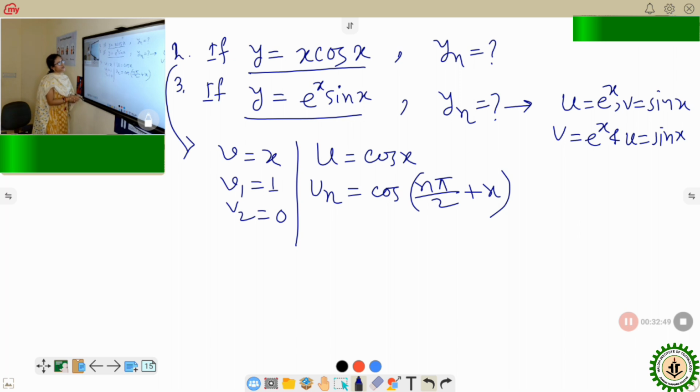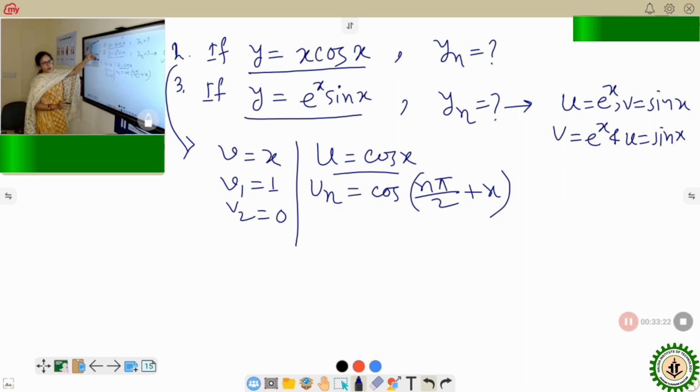If I choose u as cos x and v as x, our calculation will be easier. But if we choose u as x and v as cos x, we have to write all the terms repeatedly. So for the second problem, we have to take u as cos x and v as x to get our solution.